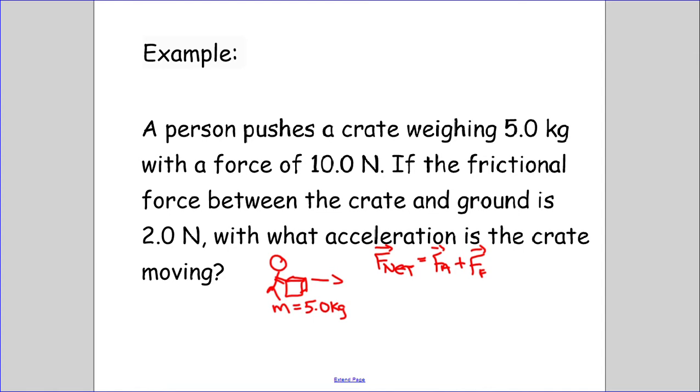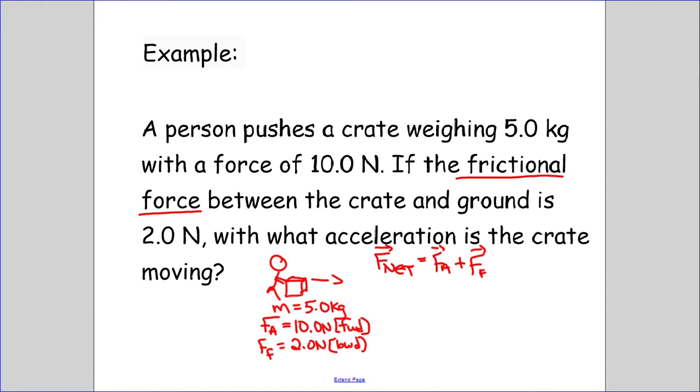The crate weighs 5 kilograms, they're pushing it, so they're applying a force of 10 newtons moving forward. It says the frictional force between them going backward is 2 newtons traveling backward.